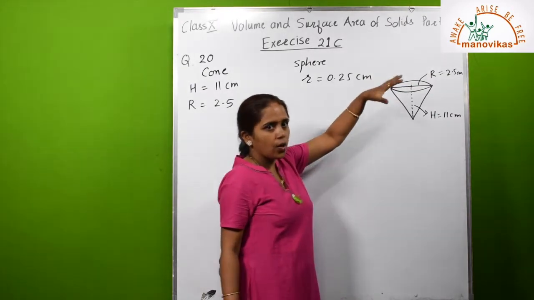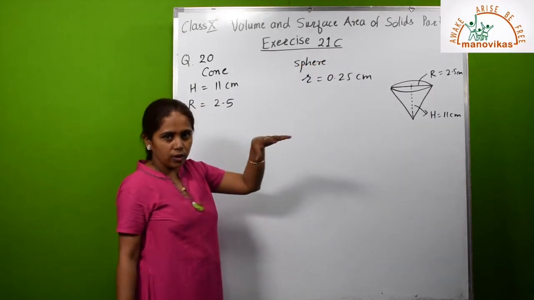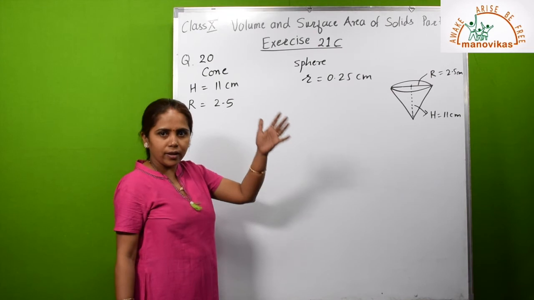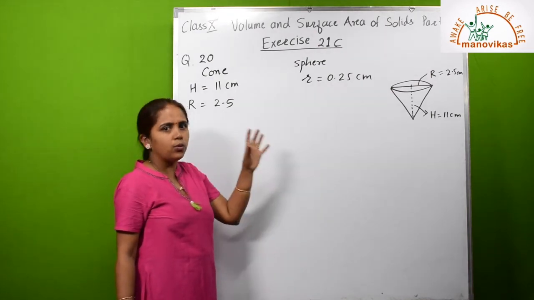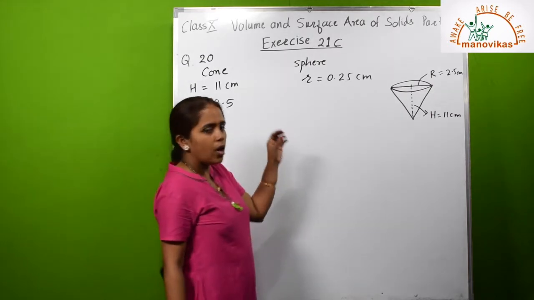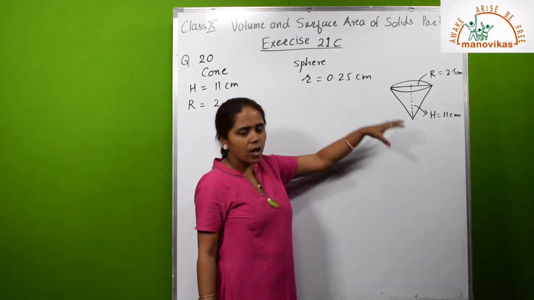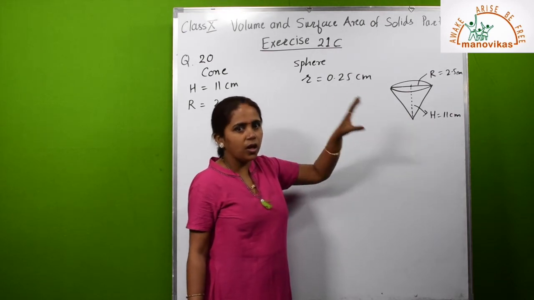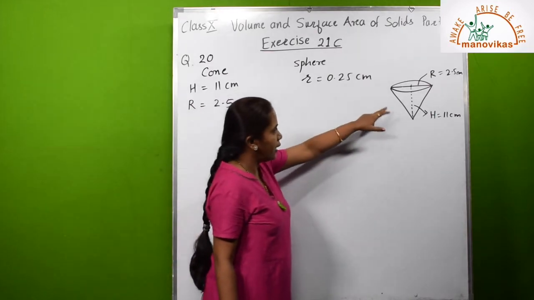Okay, now when any solid is put into the water, then the water level increases or water flows out, and that volume of the water is nothing but the volume of the solids which are dropped into the water. Okay, keep it in mind like that.